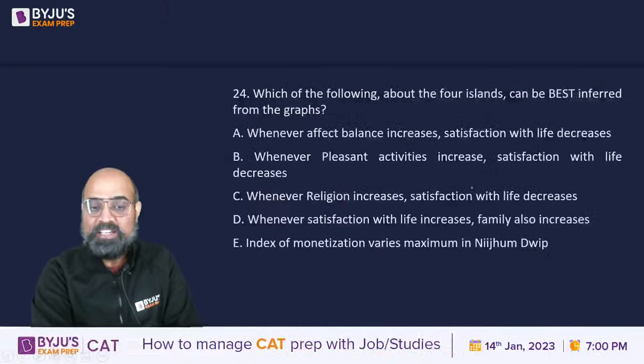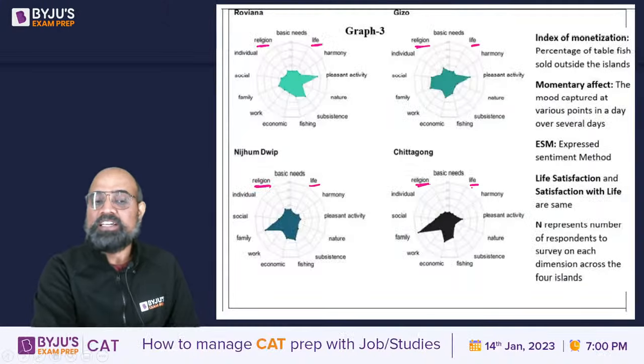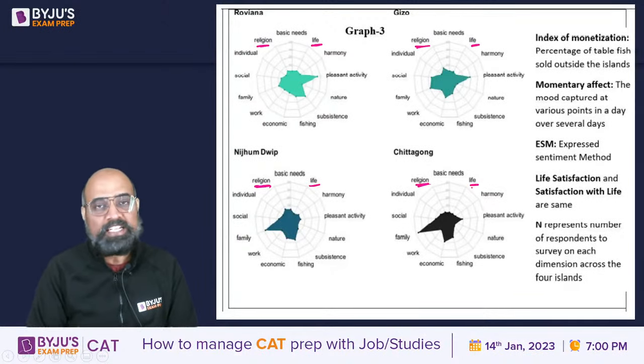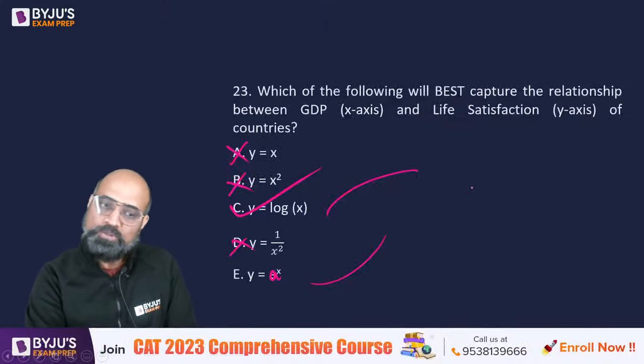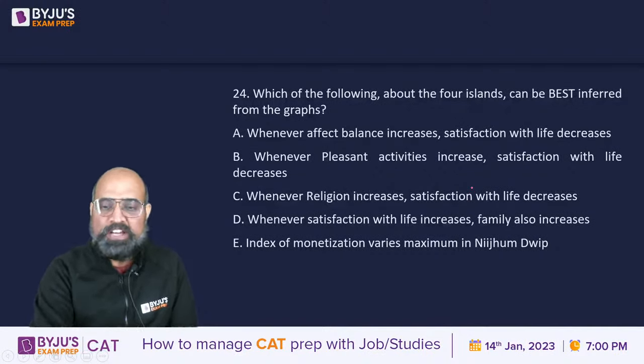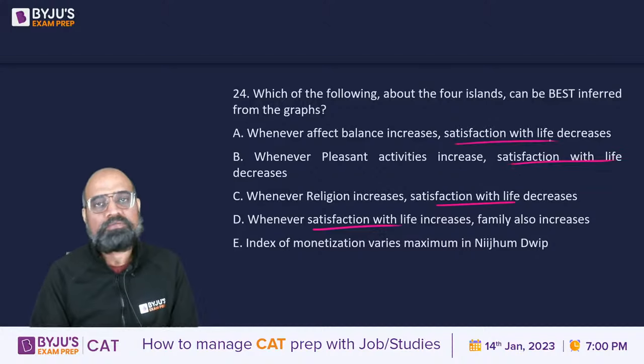They don't change. So if religion increases, life decreases? We can't figure it out because the change in satisfaction with life is negligible. So you can ignore this too. Whenever satisfaction with life increases, family also increases. Satisfaction with life, we can't do anything about.